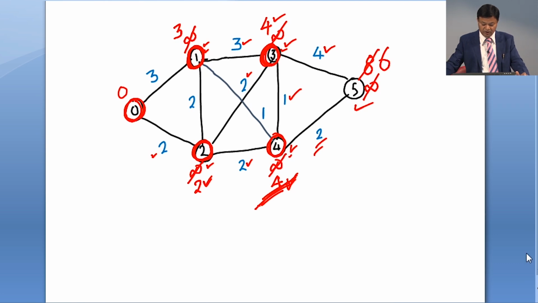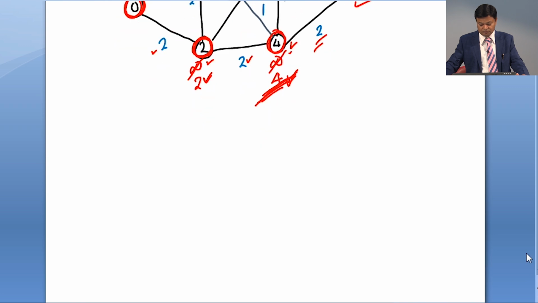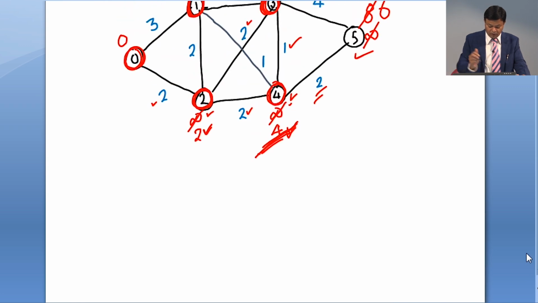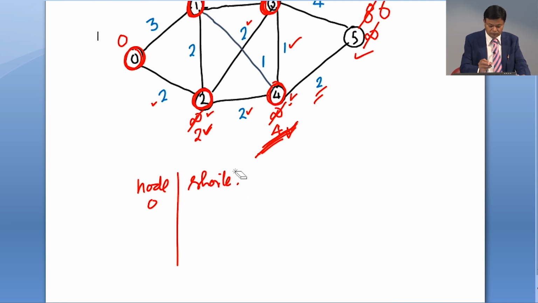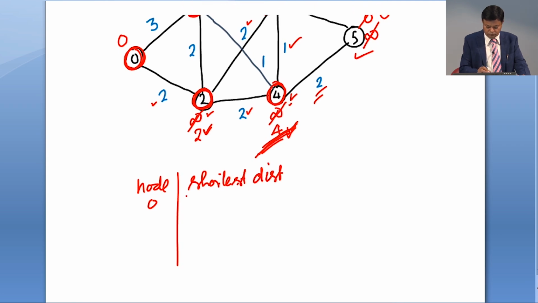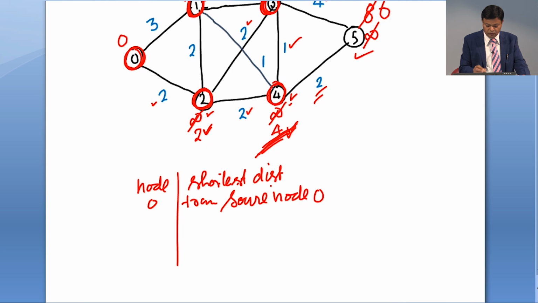Now what we can do, we can prepare a table of shortest distances of all the nodes starting from source node 0. Shortest distance from source node 0.